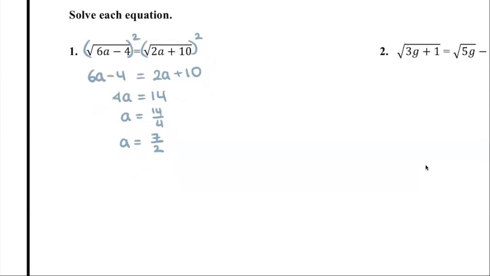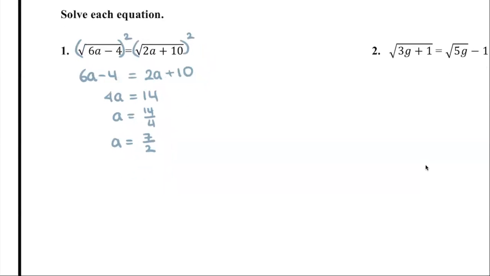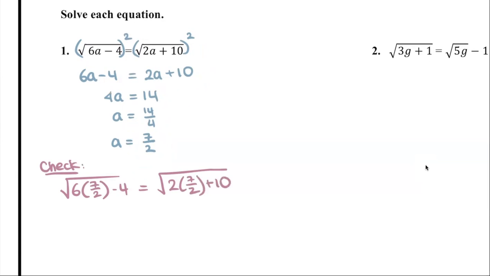All right, now, before I box it, I have to check. All right, so let's check and make sure that works. So I'm going to plug in 7 over 2 in for a in my original problem. All right, and let's simplify.